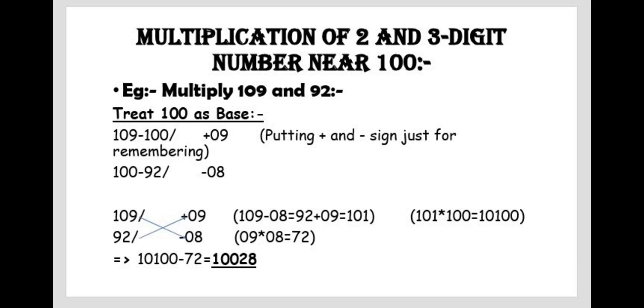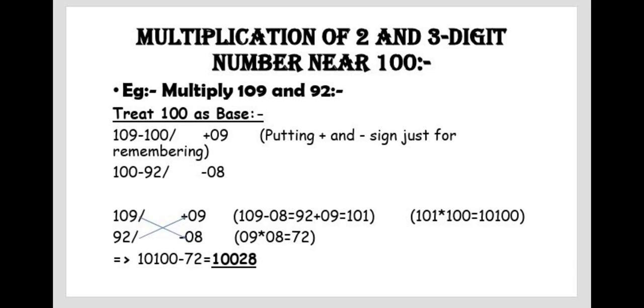Now similarly we will do with signs. For the 3-digit number we were putting a plus sign, and for the 2-digit number we were taking a minus sign. So for 109 minus 100, that is the 3-digit number, we will put a plus sign, and for 100 minus 92, that is the 2-digit number, we will put a minus sign.